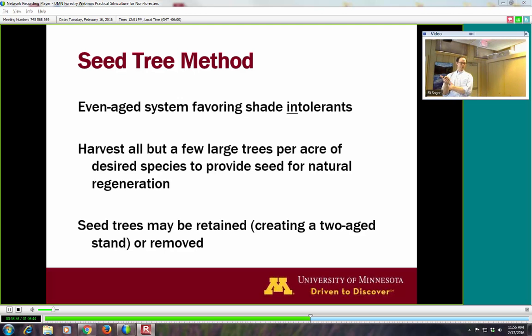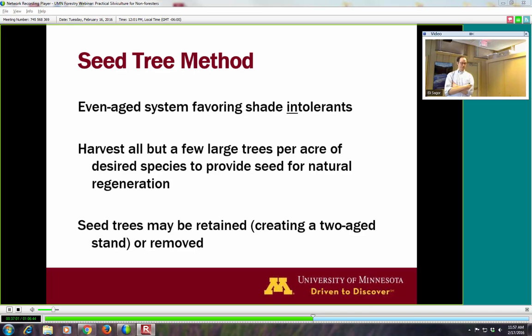Like the Shelterwood treatment, often seed trees are harvested. Sometimes they're harvested once the regeneration is established. Sometimes they're not. That's an option. Certainly, as the question earlier alluded to, there can be damage to regeneration by entering a stand after regeneration is established, and that's certainly true of this system as well.